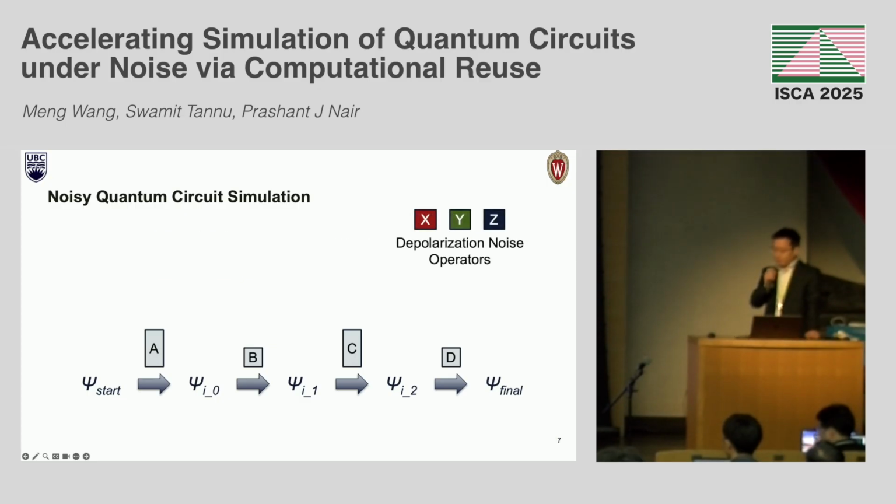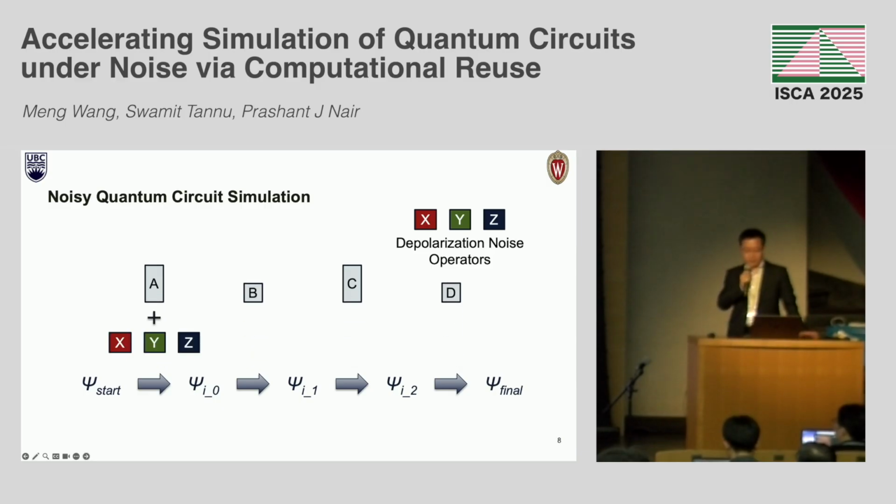To model the effect of noise, we first need to introduce some noise operators. For example, with a depolarizing noise channel, which is one of the most commonly used noise channels, the noise operators are the Pauli X, Y, and Z gates.